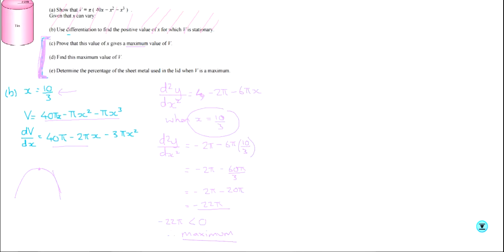Okay, so let's change color again. So v equals 40 pi lots of x. So let's pop that in there. So we've got 10 over 3. So we're going from this one here, guys.